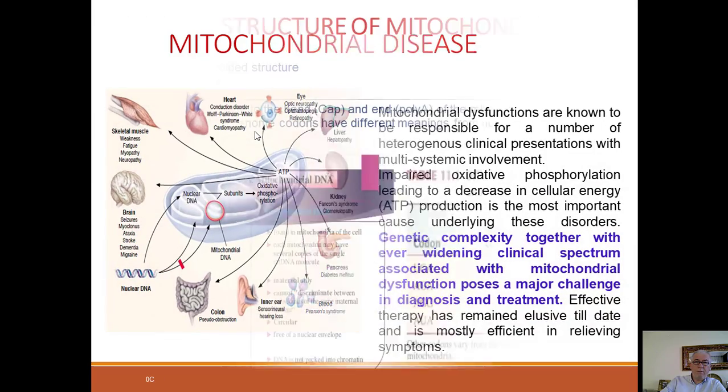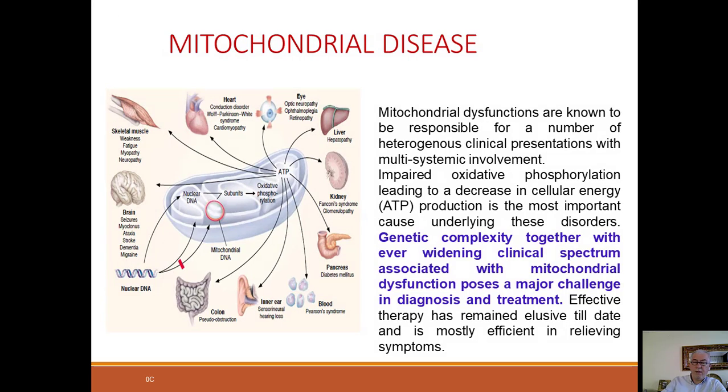When we look at mitochondrial disease, we know very well that mitochondrial dysfunction is responsible for a number of heterogeneous clinical presentations with multisystemic involvement. Mitochondrial disease includes multi-system problems, and impaired oxidative phosphorylation leading to decreased cellular ATP production is the most important cause underlying these disorders.